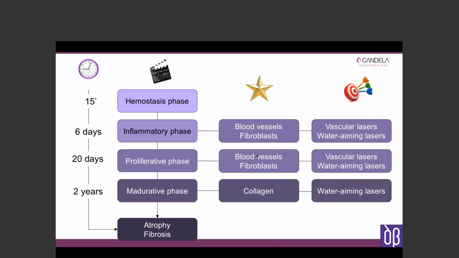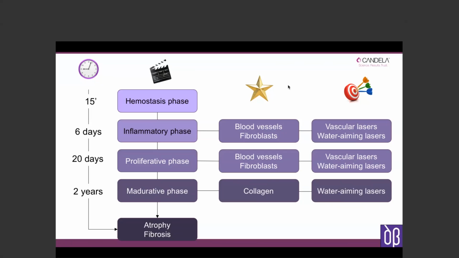What I want you to notice is that in the first 3 weeks, we have different stars that appear in this movie: blood vessels, fibroblasts, and collagen in the scar tissue. These molecules or stars can be addressed using different techniques and devices.